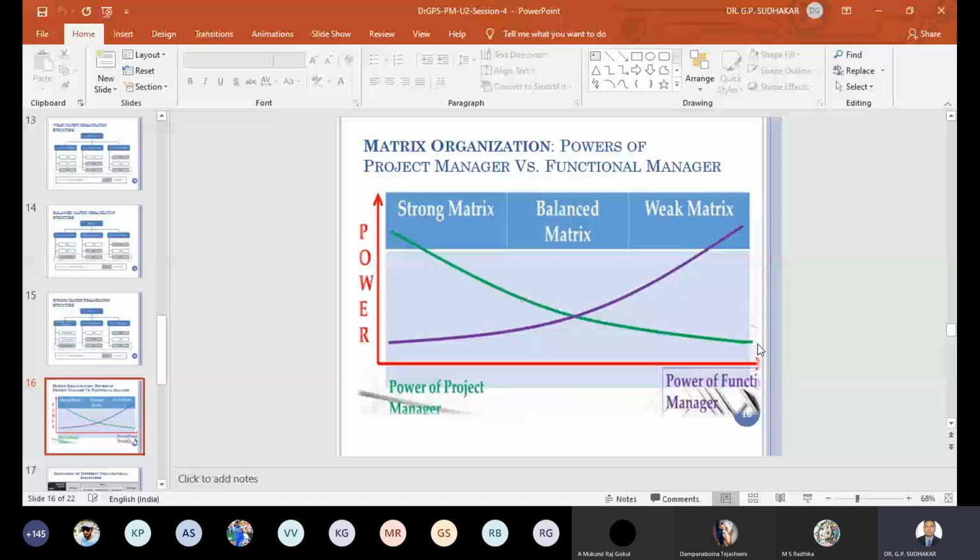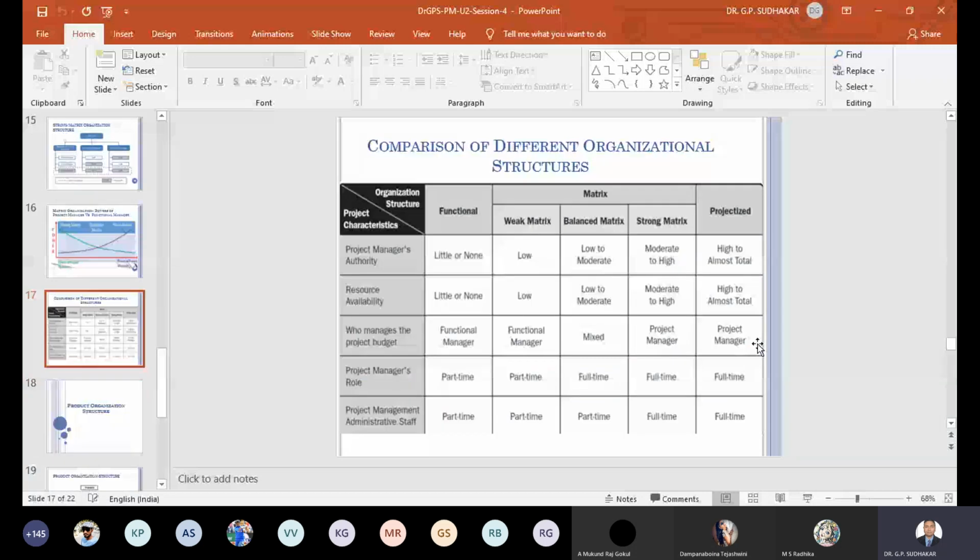Now let's see the comparison of different organization structures. Just see the table: the project manager's authority level, availability, who manages the budget, and the project manager's role, whether he is full time or part time. For example, in weak matrix or functional organization structure, the project manager will be part time: his full time job is something else, but he is part time on the project inside the organization.